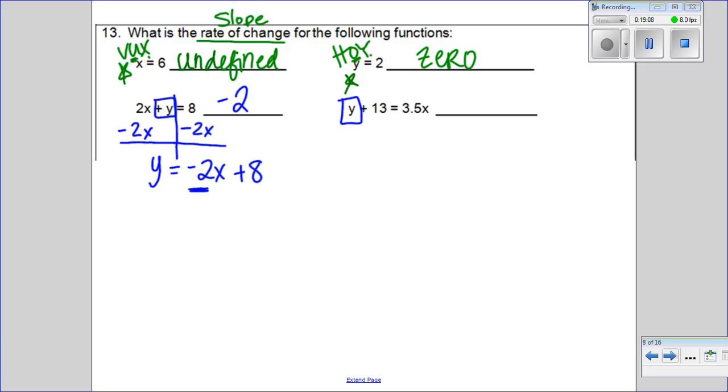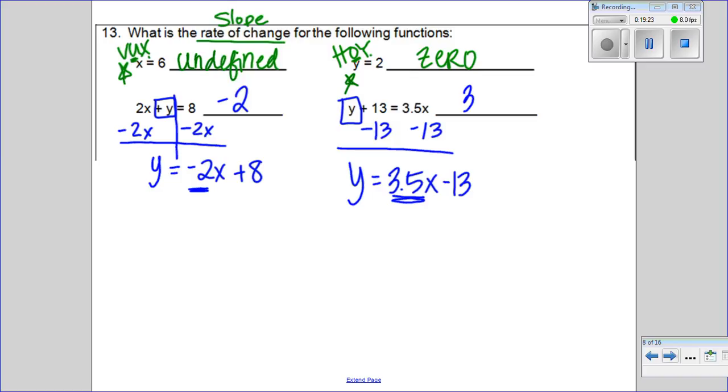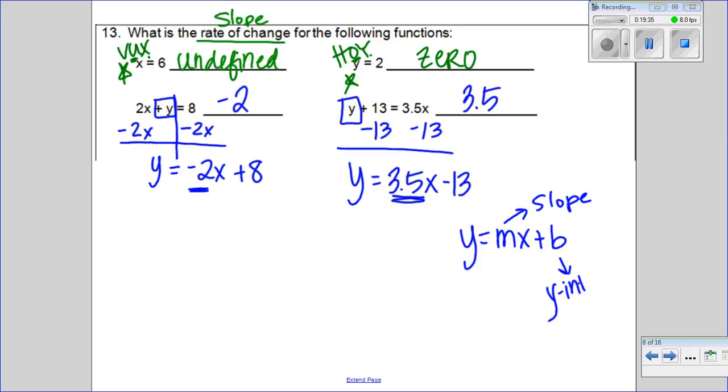This one, I'm trying to get y by itself, so I'm going to move my 13 away. So this becomes y equals 3.5x minus 13. So my slope is right here in front of my x, 3.5. Remember, y equals mx plus b, where m is our slope and b is our y-intercept.